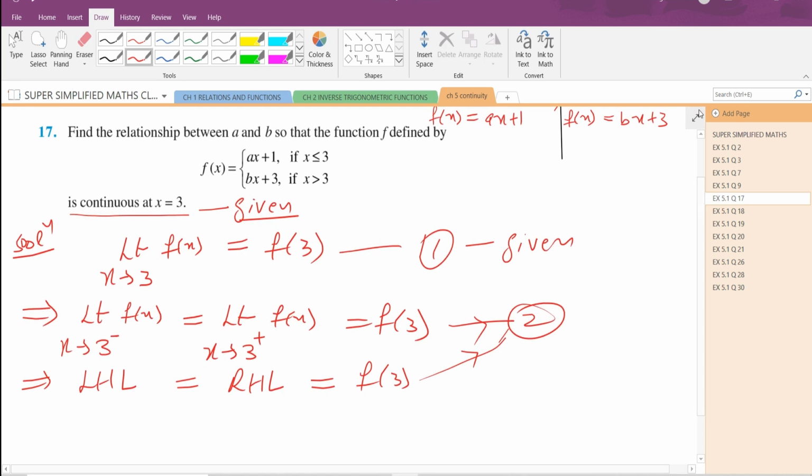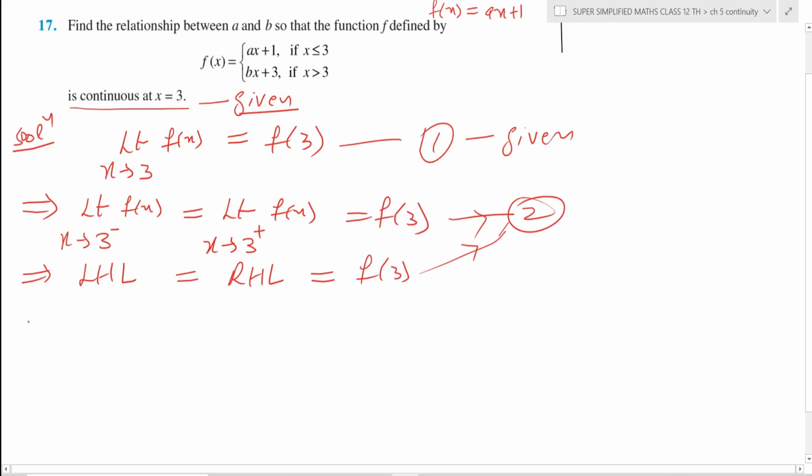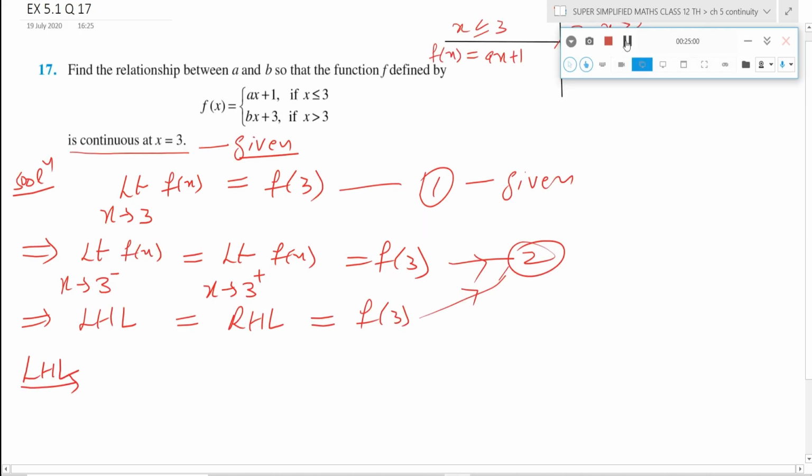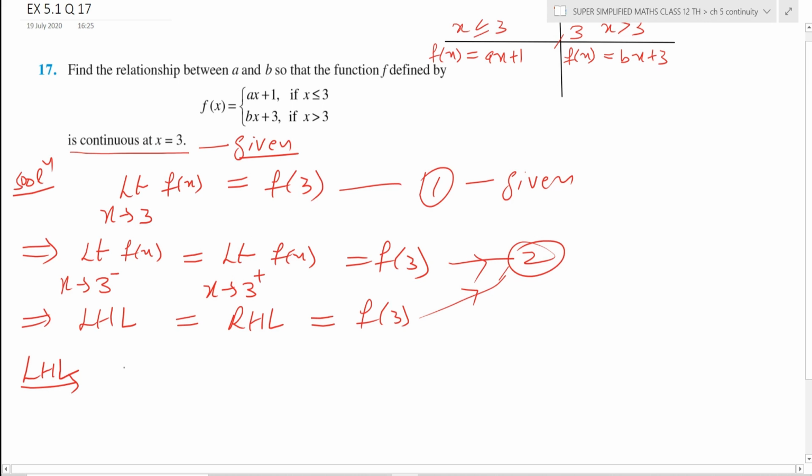So now, for the left hand limit, the formula is limit h tends to 0 f(a-h), and the point a is 3 because we are going to calculate the limit at 3. So this becomes limit h tends to 0 f(3-h).